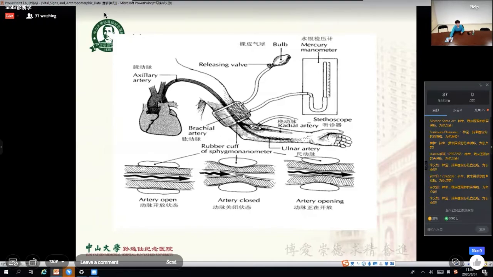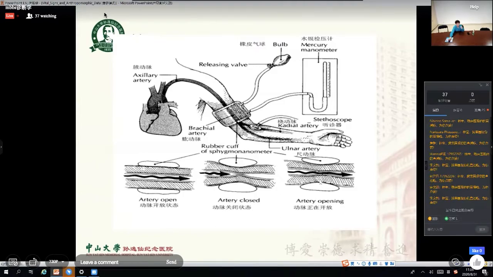And then we need to release the valve. When you release the valve gradually, to a certain extent, you will hear the first sound. The first sound you pick up indicates that the artery opens. And this is the systolic blood pressure.